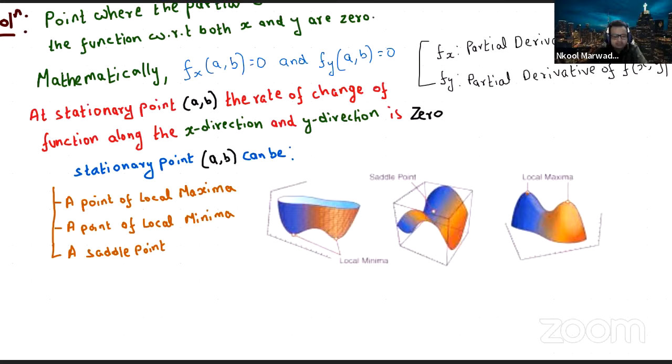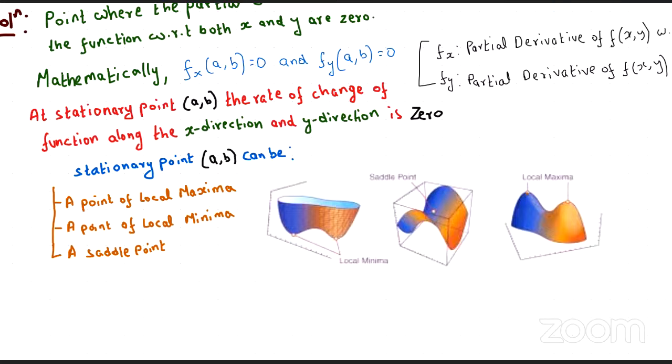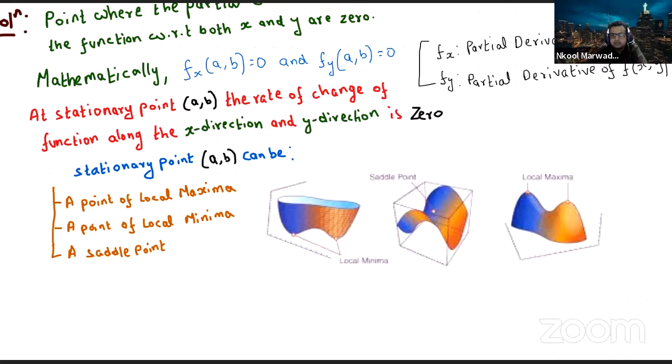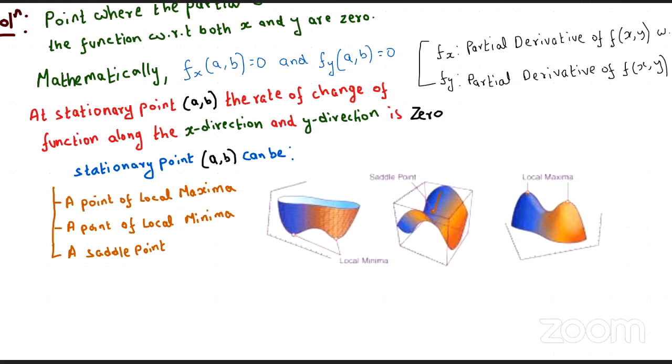In a saddle point, the function changes direction, but it is neither a minima nor a maximum. What is happening at a saddle point is that in one direction it is moving upwards, and in the other direction it is moving downwards. So something like this. It's like giving 50 newtons of force on both sides, so there is no moment. It gets balanced, something like that.